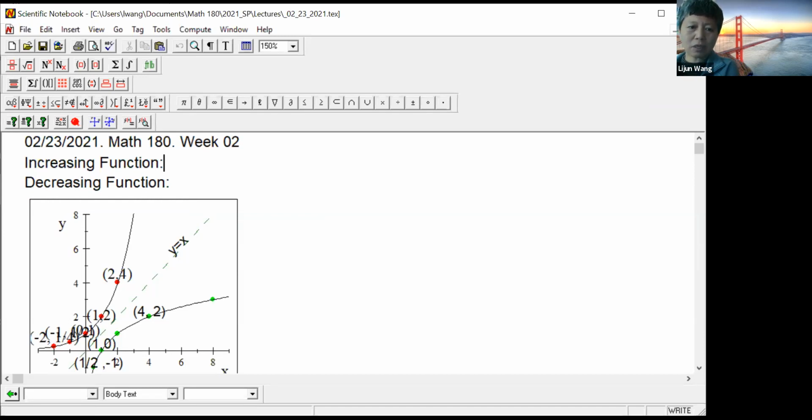We introduce it here because a lot of the functions in our consideration are increasing functions, and a lot of them are decreasing functions as well. Take your time to write down what an increasing function is and what a decreasing function is. Write down the words.